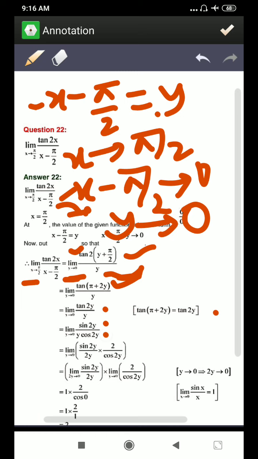Now we can write it as sin 2y. To make it as 1, you know that there should be 2y in the denominator. As y tends to 0, so 2y will tend to 0. So it will be sin 2y upon 2y. I have multiplied it by 2 in denominator and 2 in numerator.